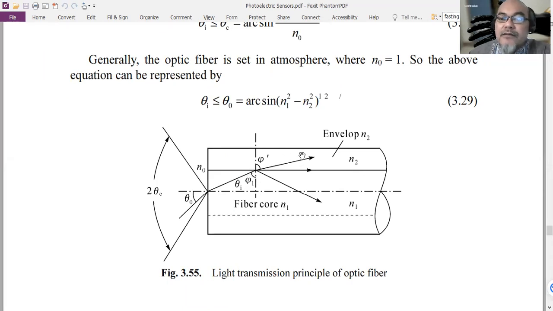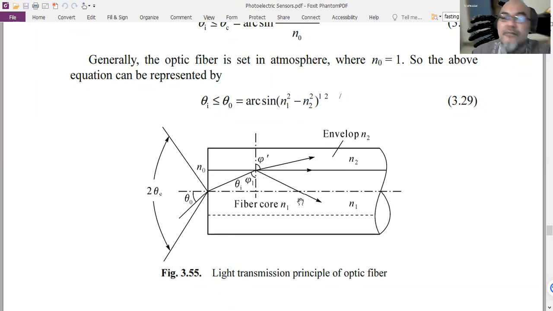The light from N1 towards N2 will be refracted away from the normal line. And when the light from N1 towards N2 is above a certain angle, the critical angle, then it will be reflected back to the fiber core. And this is how it works.